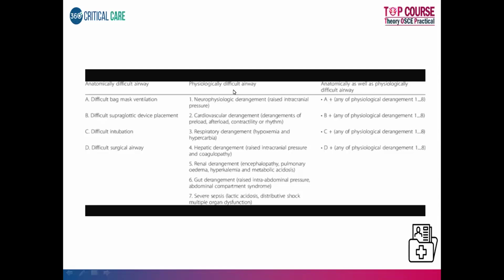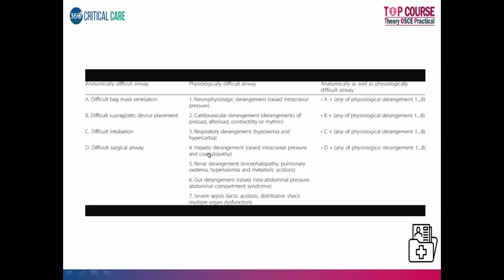If there is cardiovascular derangement, such as decreased ejection fraction, arrhythmias, or derangements in preload or afterload, any anesthetic drug may lead to further hemodynamic instability. COPD or ARDS patients already experience hypoxemia and hypercarbia, so even a little delay in intubation or ventilation may lead to cardiac arrest. Like this, each system's derangement can affect our airway, right? That is known as physiologically difficult airway.